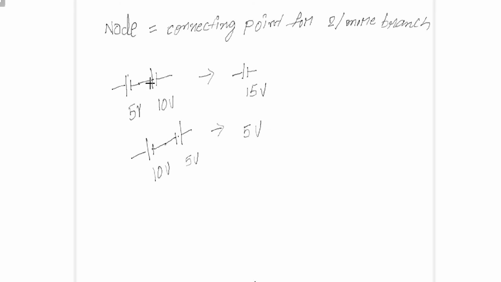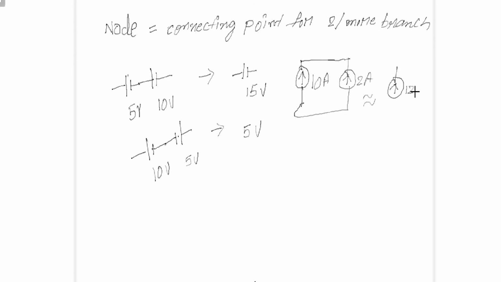If alternate polarities are connected, if positive is connected to negative, then only we have to do the addition of your voltage sources. Similarly, for current, if this current value is 10 amps and this current value is 2 amps, and I want to replace these two current sources with a single current source, then what will be the value? 12 amperes.